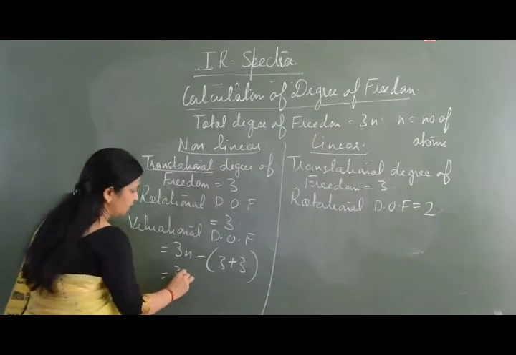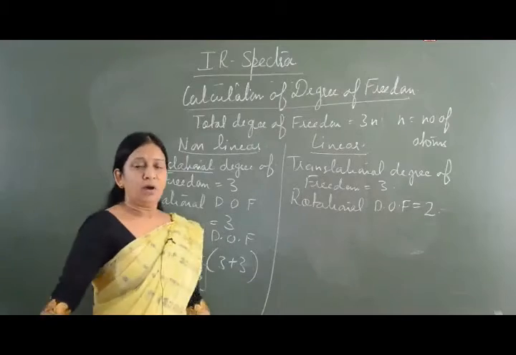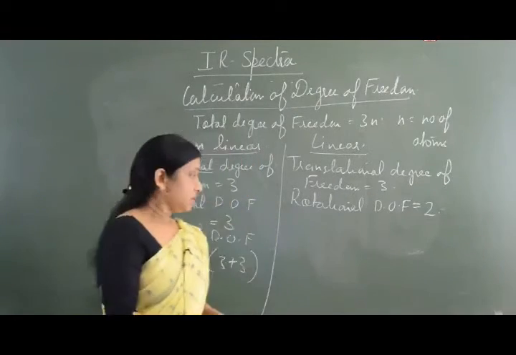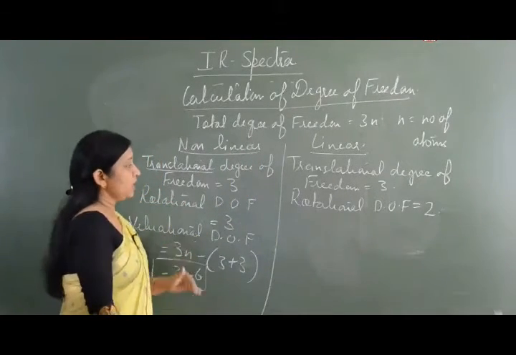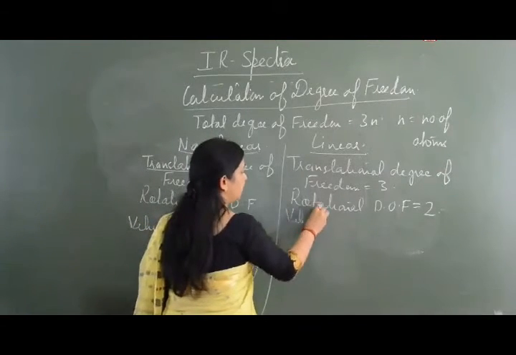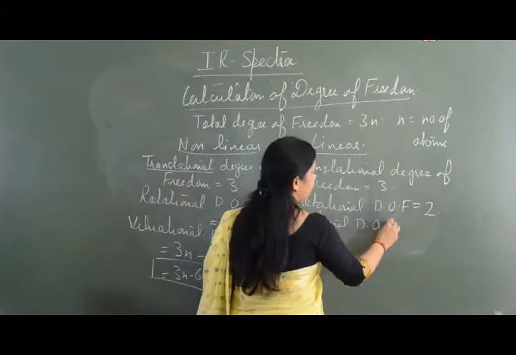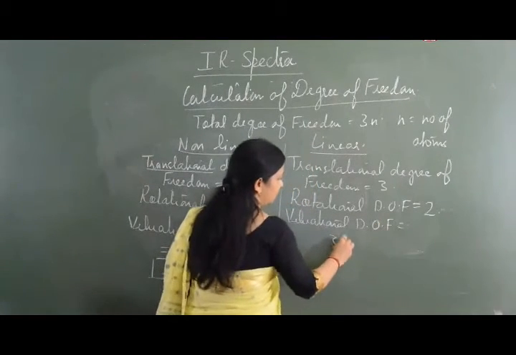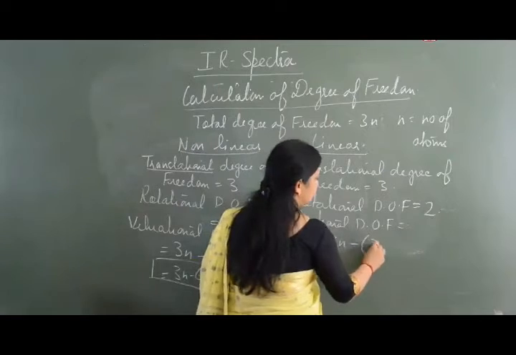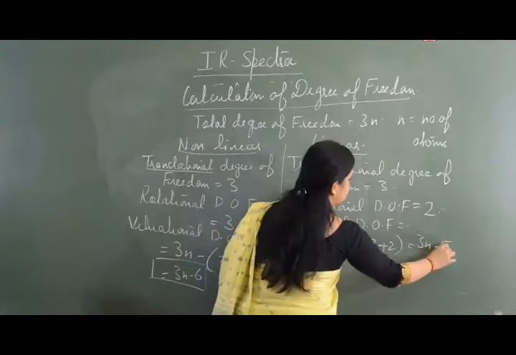So it becomes 3n minus 6. This is the equation for non-linear molecules. For linear molecules, the vibrational degree of freedom is given by 3n minus 3 plus 2, which is 3n minus 5.